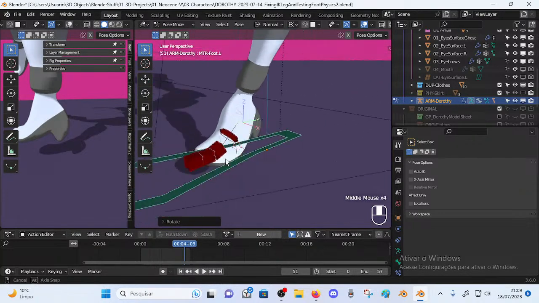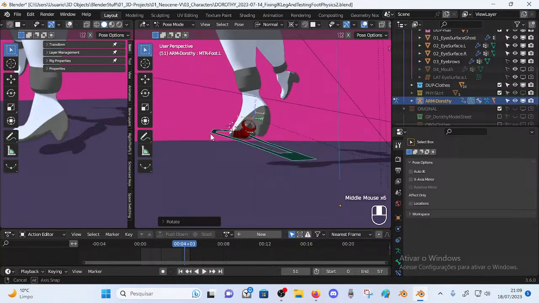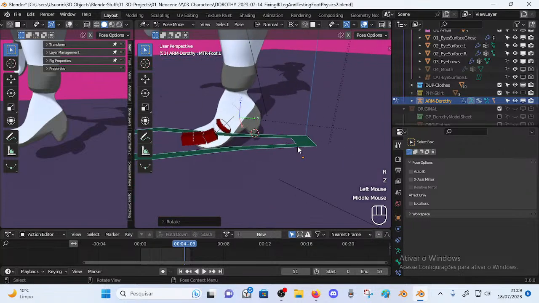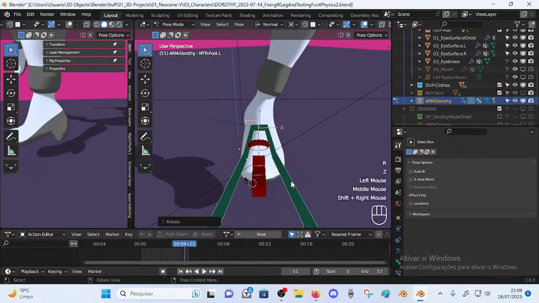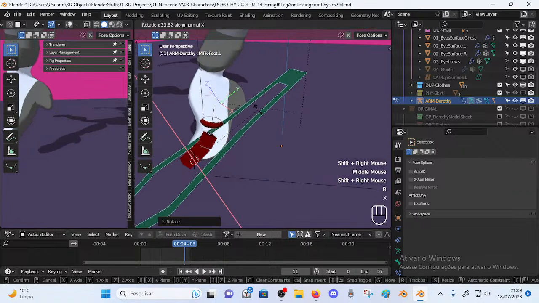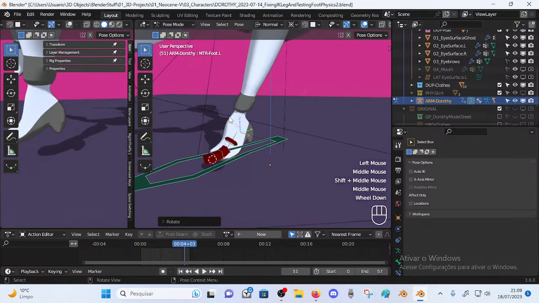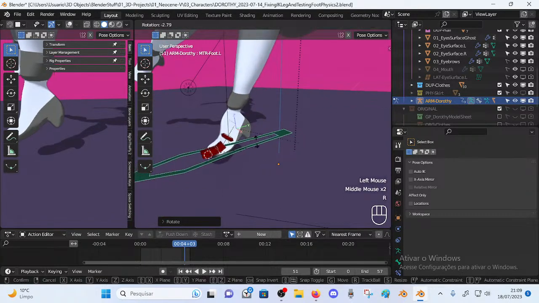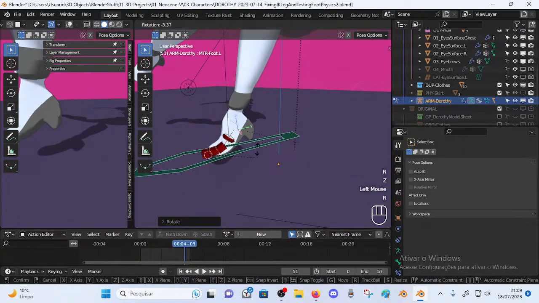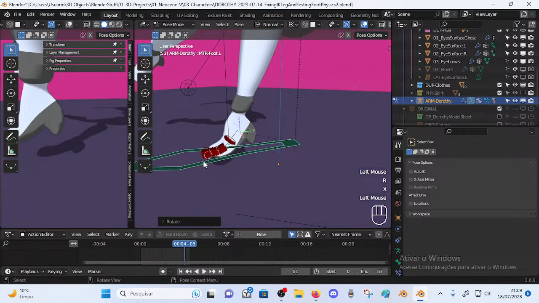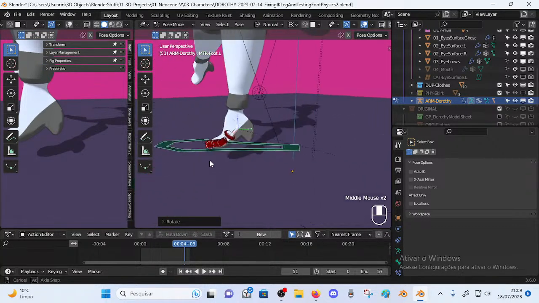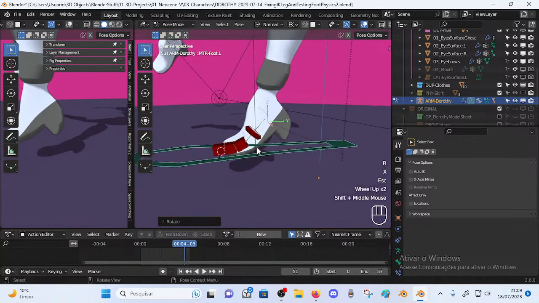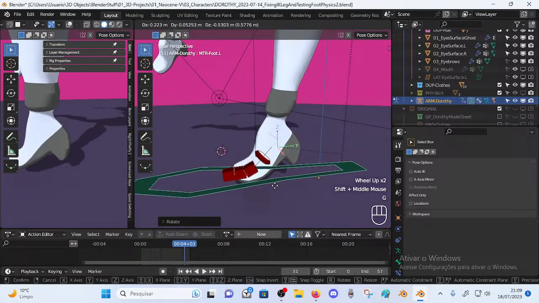And yes, it requires some moving of the camera. That's why I've thought about the bones. But this is much simpler. And so this is why I decided to delete all those bones. I didn't even keep the heel bone.